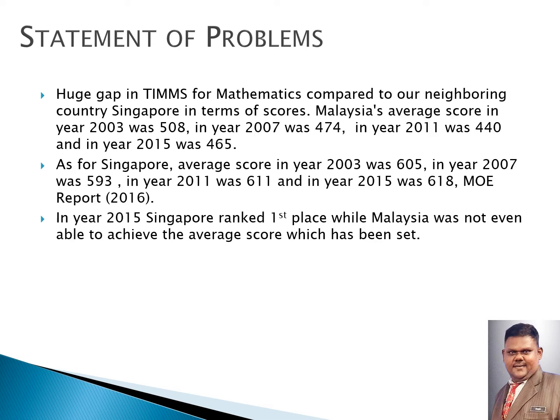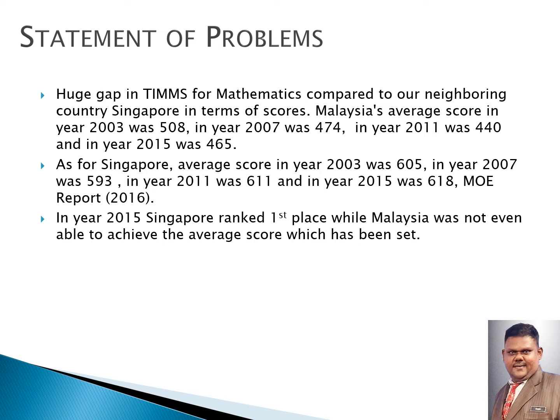There was a huge gap in TIMSS for mathematics compared to our neighbor country Singapore in terms of score. Malaysia's average score in 2003 was 508, in 2007 was 474, in 2011 was 440, and in 2015 was 465, whereas Singapore's average score in 2003 was 605, in 2007 593, in 2011 611, and in 2015 was 618.